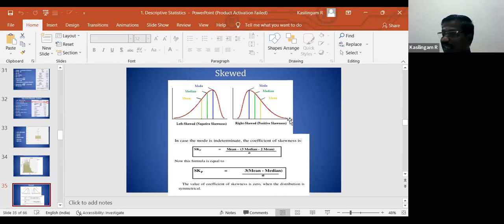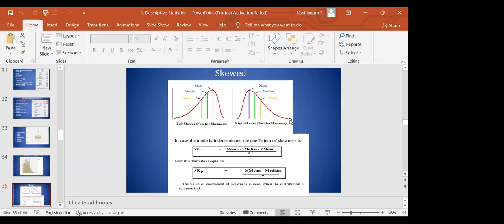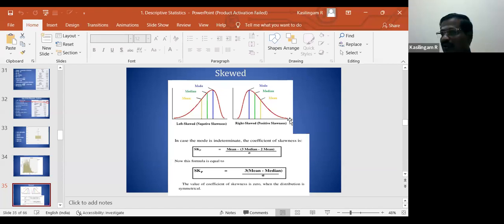So now see, the minimum age is 18, right? Mean age is, let us assume, 32. So less than 32, up to 18, some people are 31, some people are 30, some people are 29, some people are 28, like that.